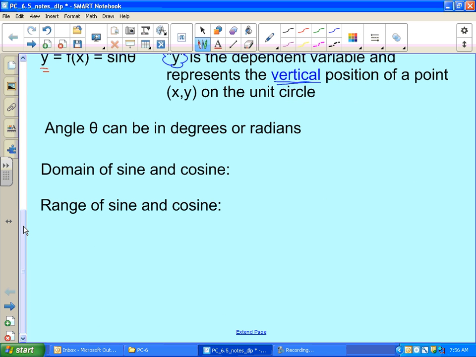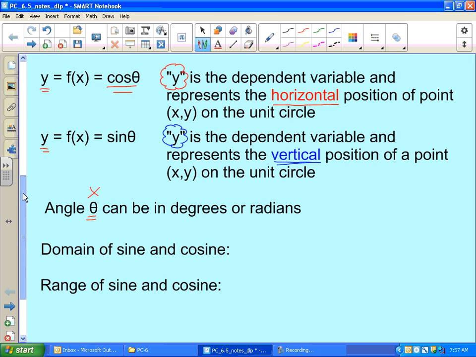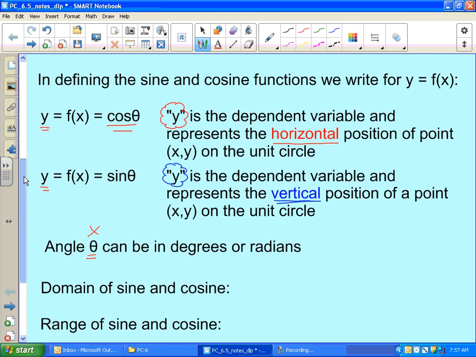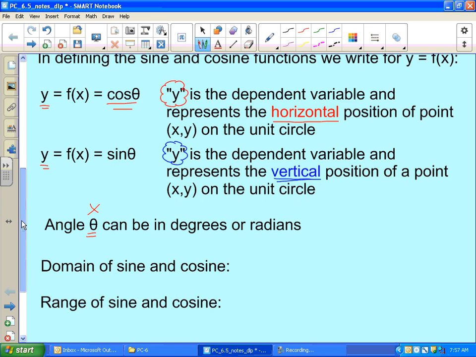So our angle, theta, remember, could be expressed in degrees or radians. We could be using variable x there as well. And so if we spin around our circle here, let's talk about the domain and the range of these sine and cosine functions. So our domain, our independent variable, is going to be this theta value. And we can turn positive angles, we can turn negative angles, doesn't matter.